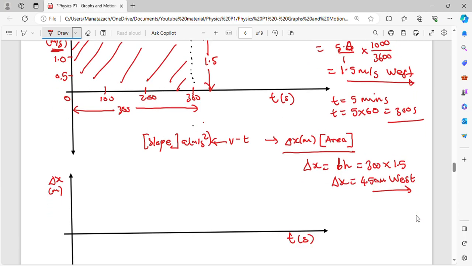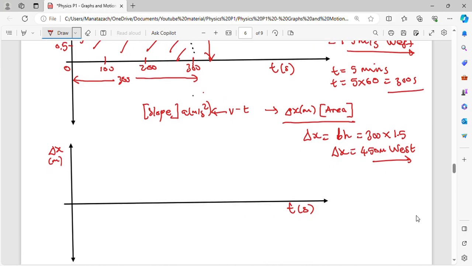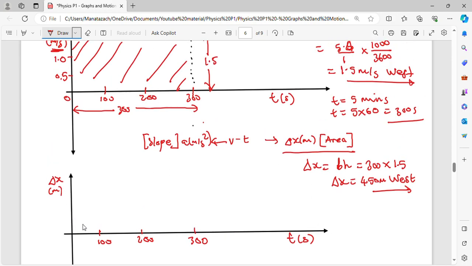Okay, now let's plot this part of the position time graph on our system of axes. So the time will remain the same. So let's plot here on the position axis to accommodate the 450.